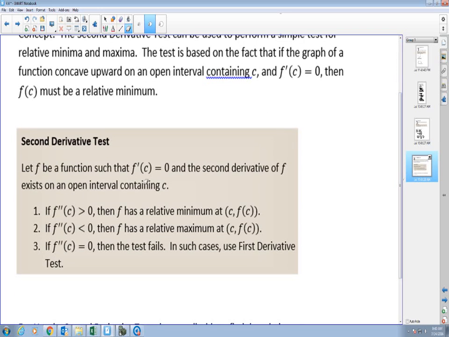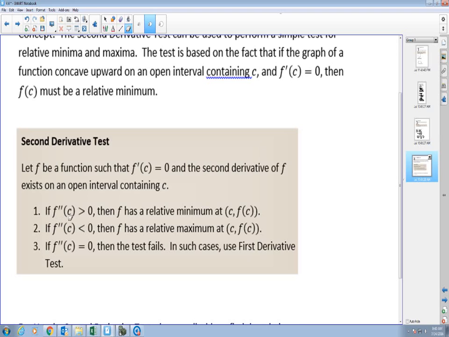So the condition here for the second derivative test is, let the function f be a function such that f prime of c is equal to 0 already. This c right here is actually the x value coming from the f prime. And the second derivative of f exists on an open interval containing c.